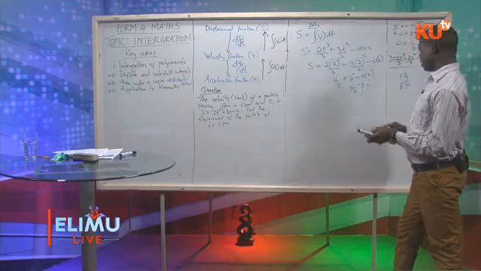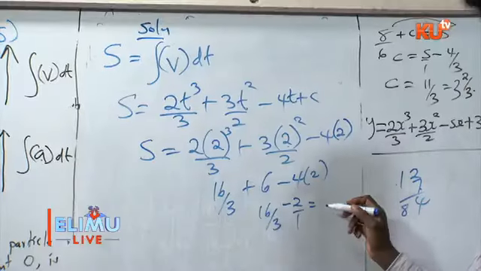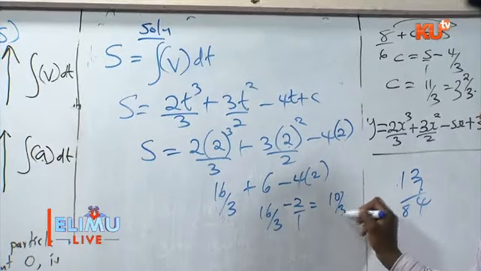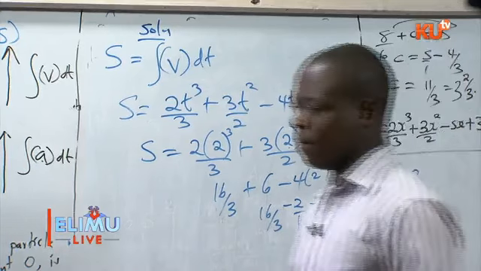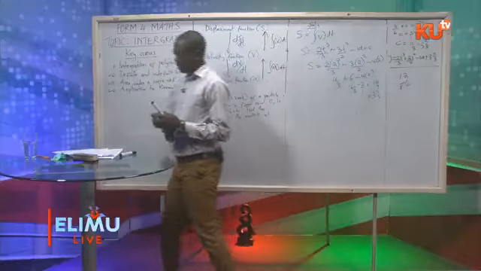So when you work this out, the LCM is 3. You have 16 minus 6, which is 10 over 3. And the solution is now 3 and a third.